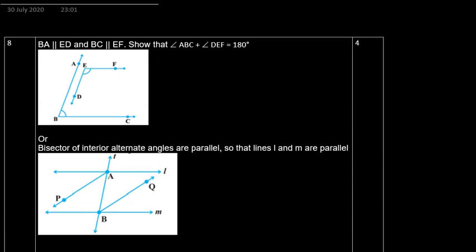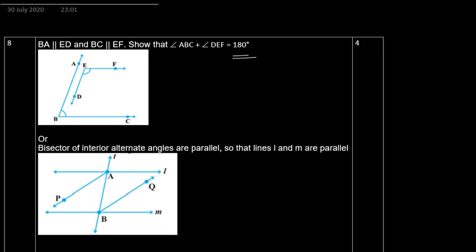BA is parallel to ED, see here, BA is parallel to ED, and BC is parallel to EF. We have to show that angle ABC, this angle, plus angle DEF, this angle, the sum of these two angles is 180 degrees. This we have to prove.